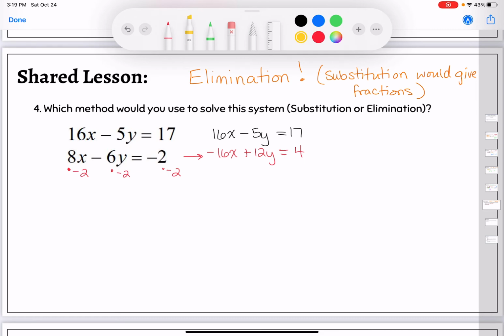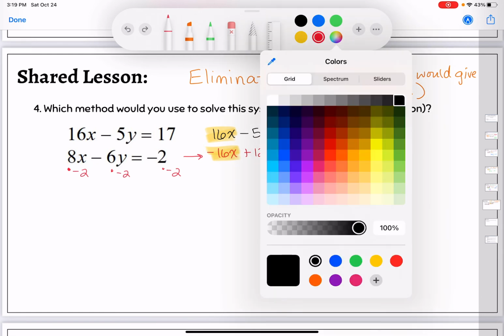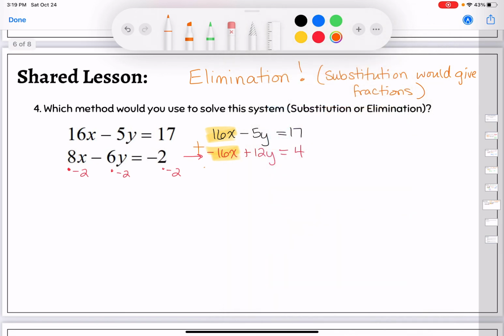Now I have my opposites, so I'm ready to add my two equations together. Oh, sorry, don't write in a highlighter. There we go. Add my two equations together. My 16x and my negative 16x are going to cancel. Negative 5y plus 12y gives me 7y equals 17 plus 4 is 21.